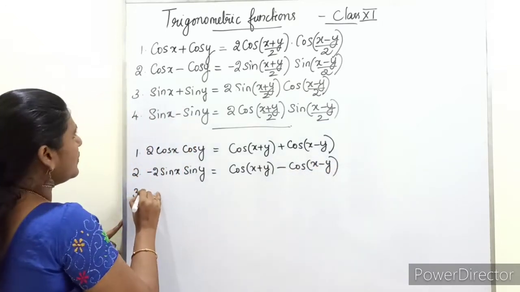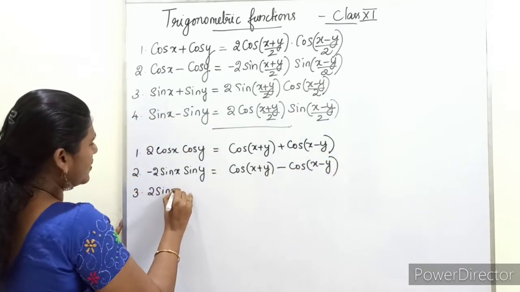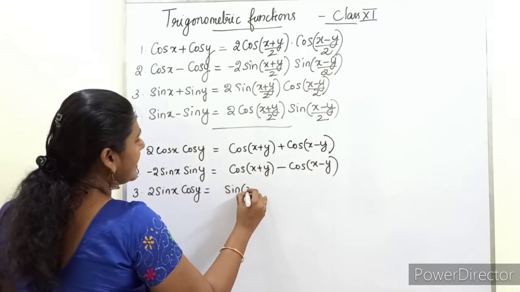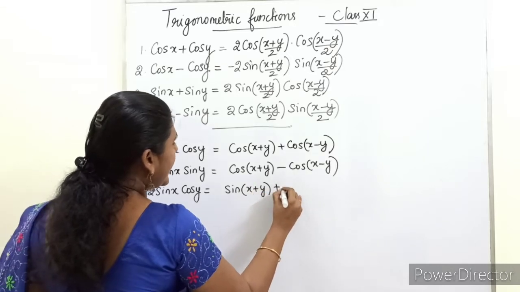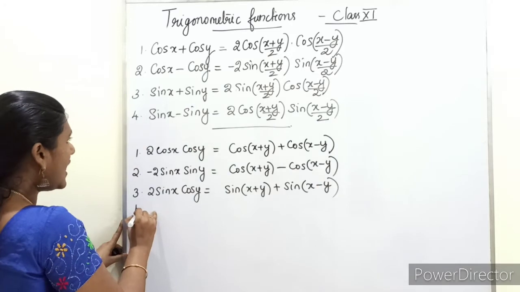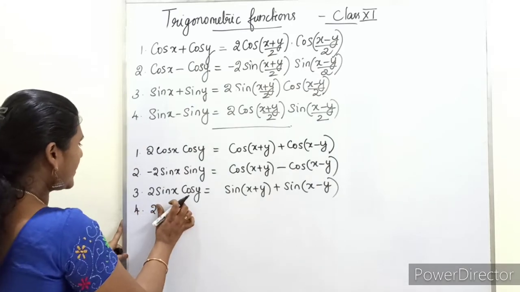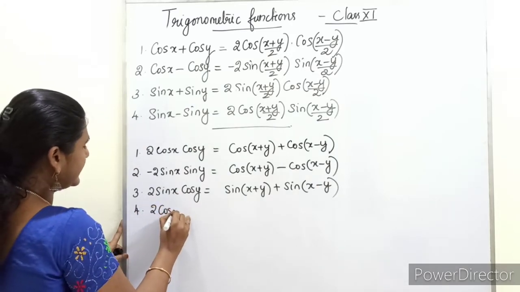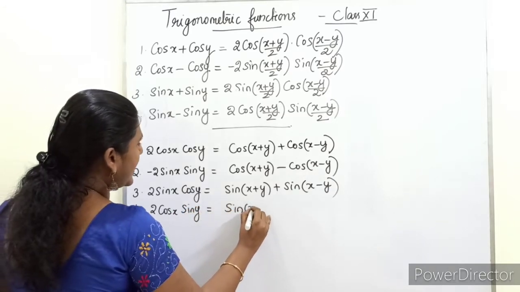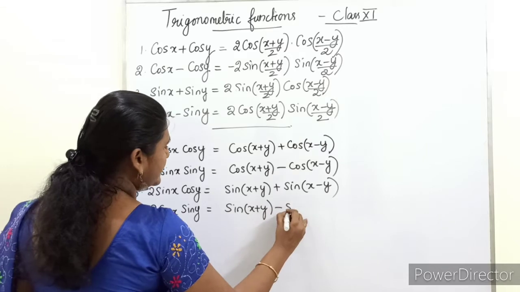Next is the third one, 2 sin x cos y. So 2 sin x cos y is equal to sin (x plus y) plus sin (x minus y). Now the last formula, 2 cos x sin y is equal to sin (x plus y) minus sin (x minus y).